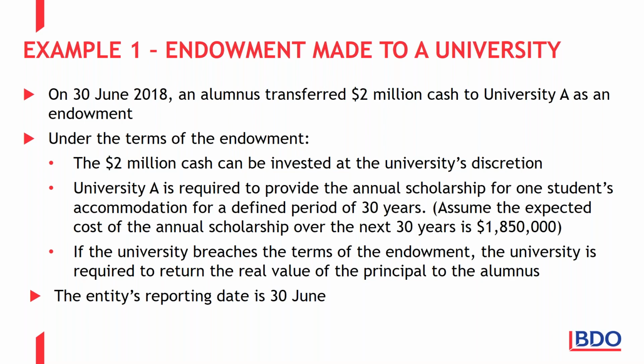Now, if the university breaches the terms of this endowment, or they don't provide the scholarship for this one student every year, the university is required to return the real value of the principal to the alumnus. So definitely we can see enforceability. And the entity's reporting date is 30 June.